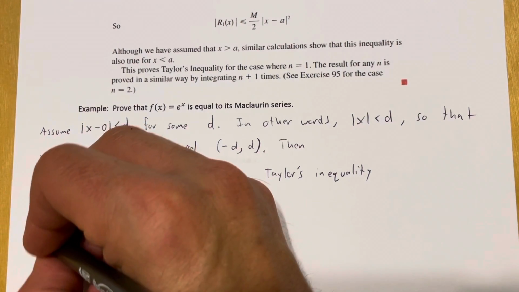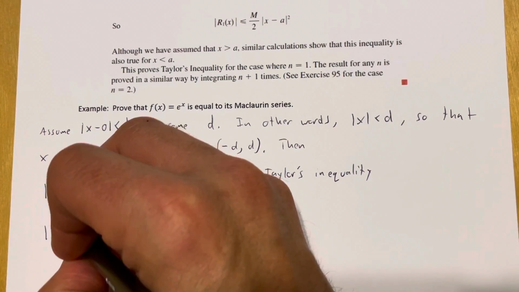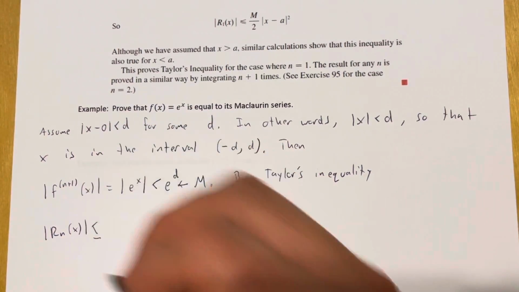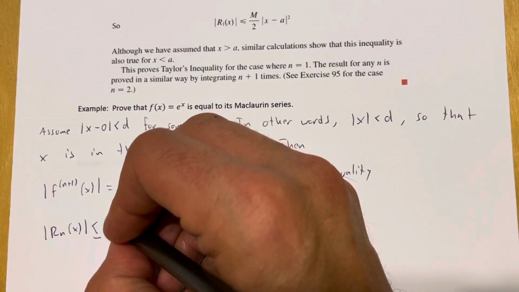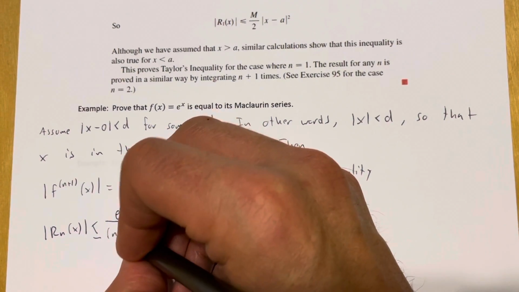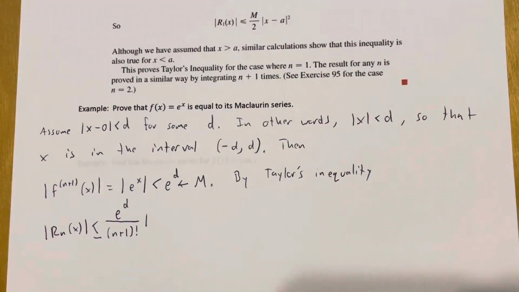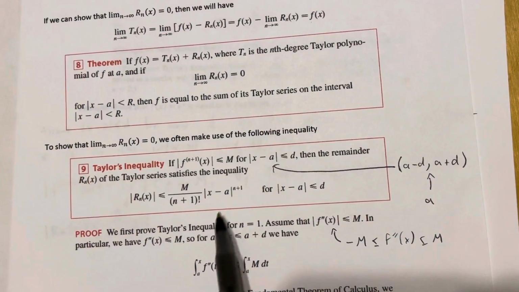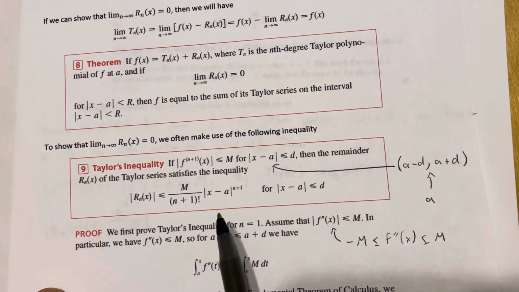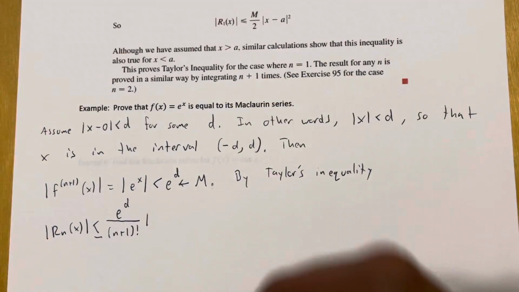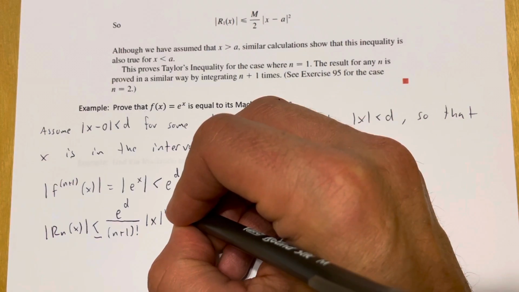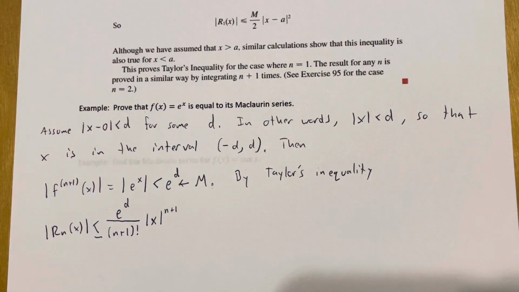So the absolute value of Rn of x is less than or equal to capital M, which we found is going to be e to the power of d over (n plus 1) factorial, times, and again over here, x minus a to the power of n plus 1, except x minus a in this case is just x. Remember, a is equal to 0. So this is the absolute value of x to the n plus 1th power, okay?